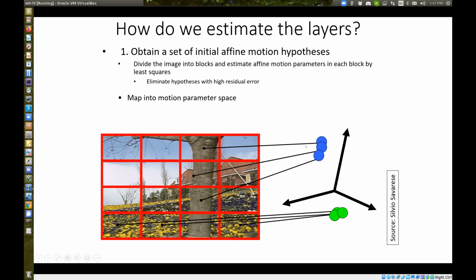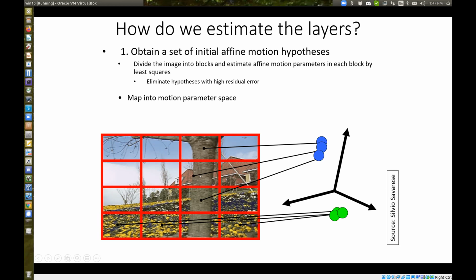So for example, these are the A1 to A6 that have similar values, because they have the same motion.